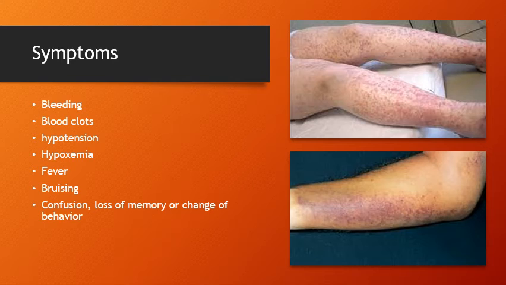Due to the multiple clots and open scars throughout the arteries, DIC can also contribute to hypoxemia. The damage to the regular blood clotting systems also shows symptoms of fever, bruising on the peripheries, as shown in the pictures with the red spots, and confusion, loss of memory, and even change of behavior due to the lack of oxygen going into our brain.